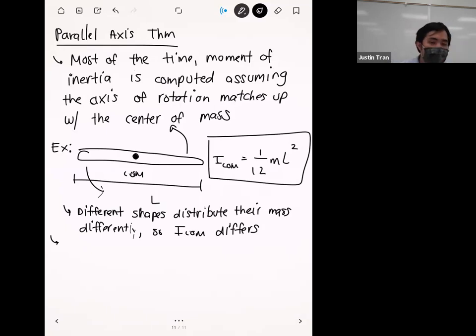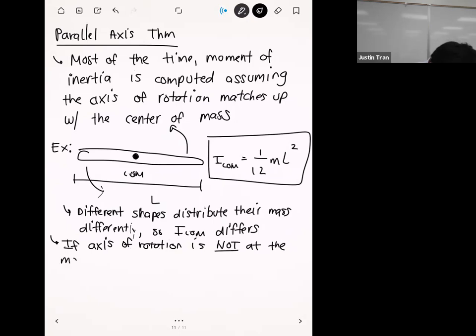We basically just look up in a table what our shape looks like, and then we just plug into that formula. If the axis of rotation is not at the mass center, then we have to compute a new moment of inertia based on the parallel axis theorem.